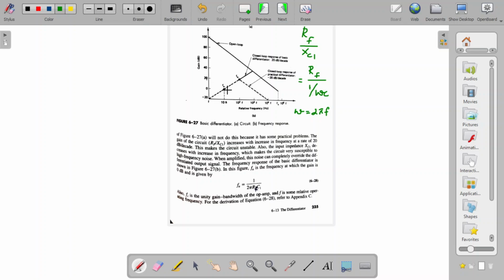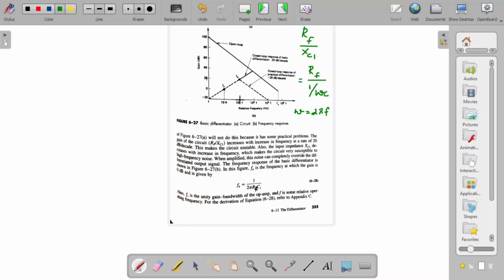Okay, so this is the frequency response of a practical differentiator circuit. First an increase at 20 decibel per decade, and then a decrease at the rate of 20 decibel per decade. That is totally a 40 decibel per decade change: this positive 20 decibel per decade and this negative 20 decibel per decade.